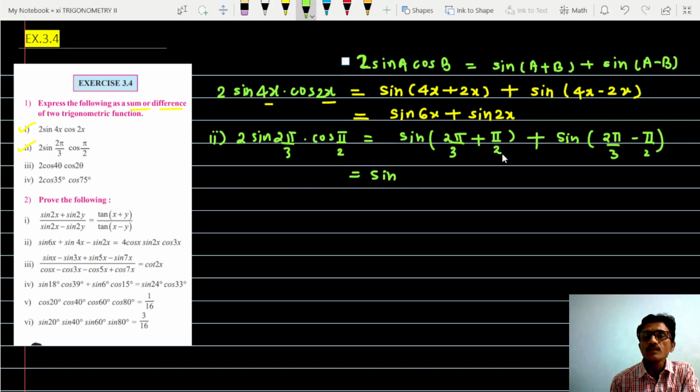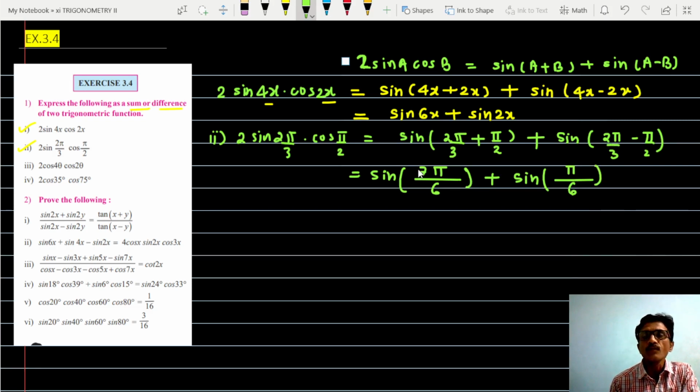So what is sin of 2 pi by 3 plus pi by 2? Here the LCM will be 6: 4 pi plus 3 pi, that is 7 pi by 6, plus sin of, LCM is 6, 4 pi minus 3 pi, that is pi by 6.